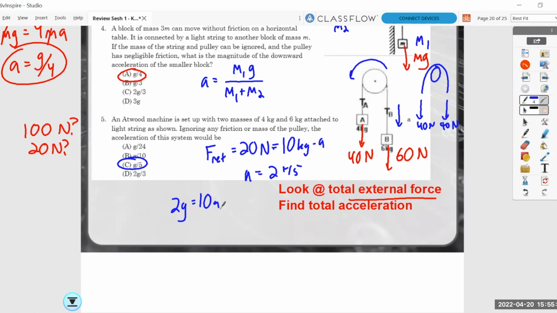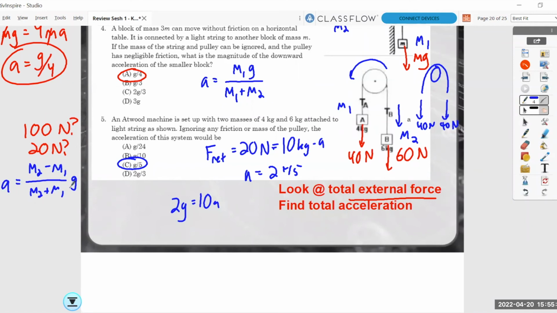We had also arrived at an equation for this one that is good to know. For this kind of an Atwood machine, if we've got m2 and m1, our acceleration ends up being m2 minus m1 all over m2 plus m1 times g, which is still philosophically what we did.